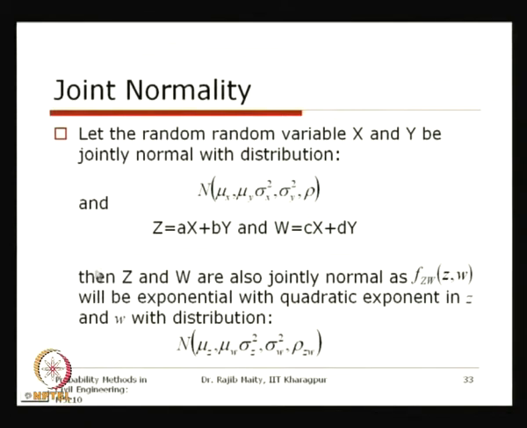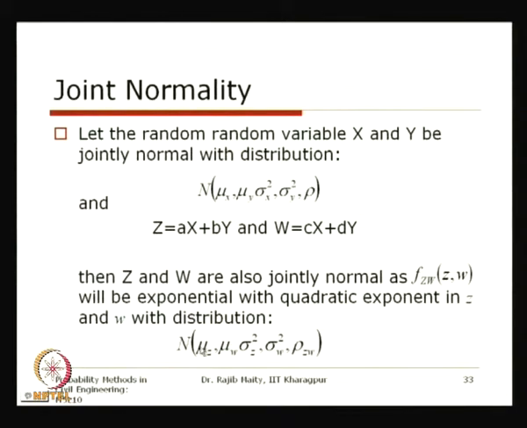It can be shown that Z and W are also jointly normal, as f_ZW will be exponential with a quadratic exponent in Z and W, with the distribution N(mu_Z, mu_W, sigma_Z squared, sigma_W squared, rho_ZW). Here rho_ZW is the correlation between Z and W, sigma_W squared is the variance of W, sigma_Z squared is the variance of Z, mu_W is the mean of W, and mu_Z is the mean of Z. Again, one comma will be there between mu_W and sigma_Z squared.